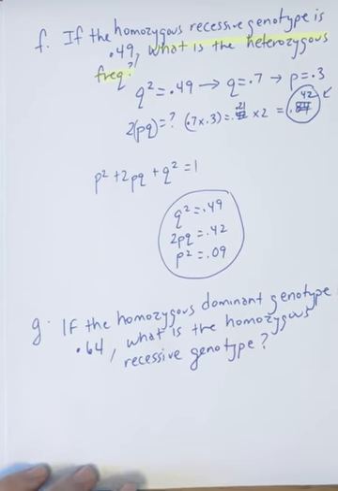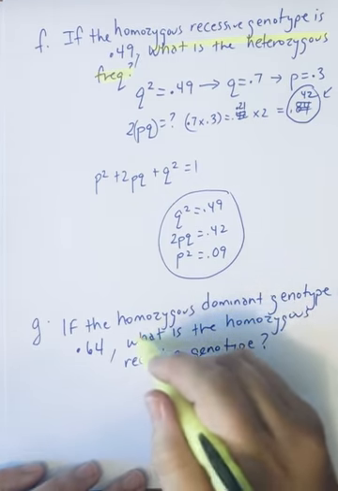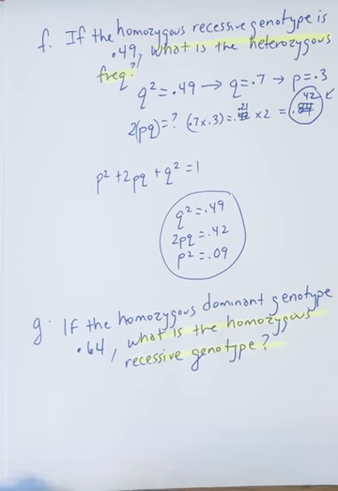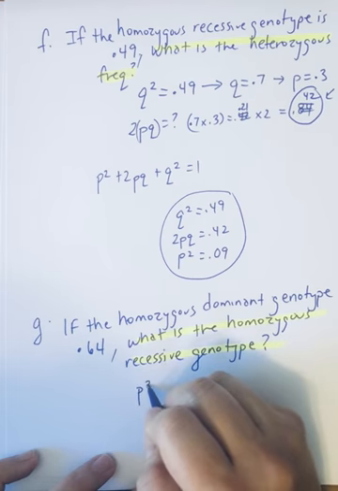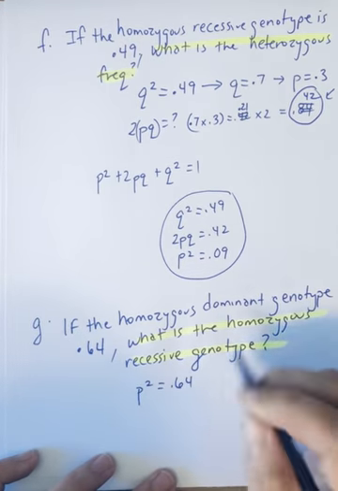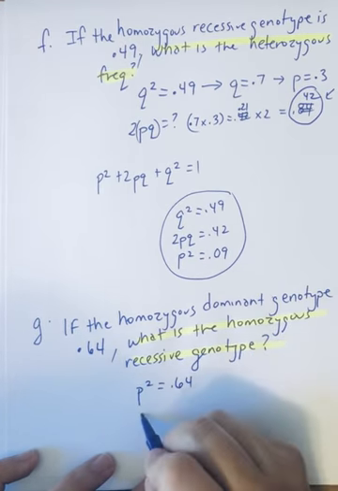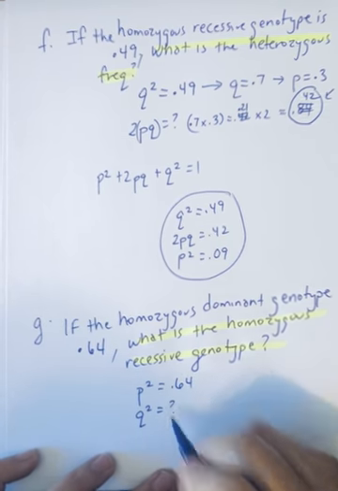Know what your P's and Q's mean? Know your equations. Know what I'm giving you. So the homozygous dominant genotype is P squared is equal to 0.64. Homozygous recessive genotype, I want to know Q squared, question mark.